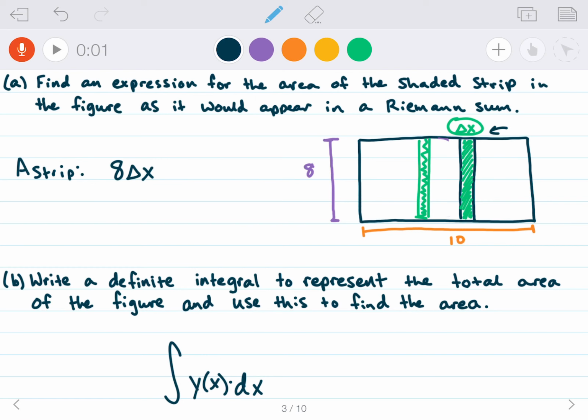As we start here, this is the beginning part, we're going from x equals 0 to x equals 10. So those are my bounds. And the height's not changing. As I add more and more skinny rectangles in here, the height is always going to be 8. So this is simply 8. No x's are needed here.